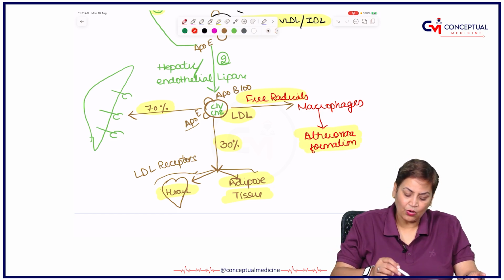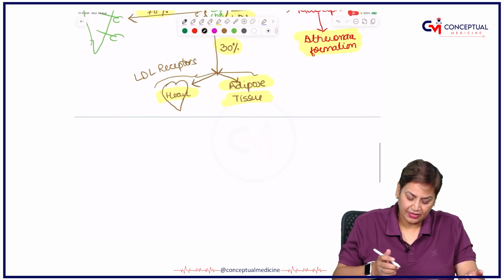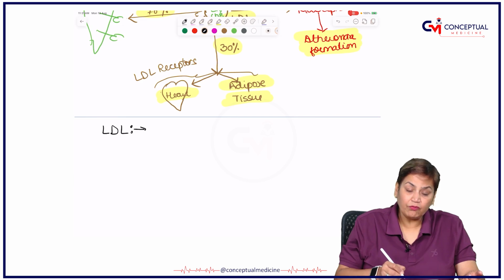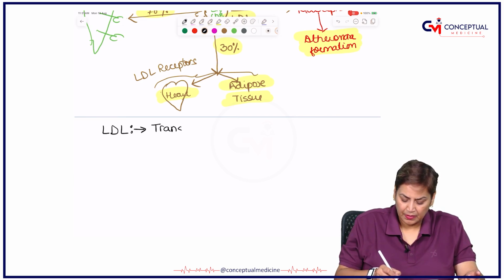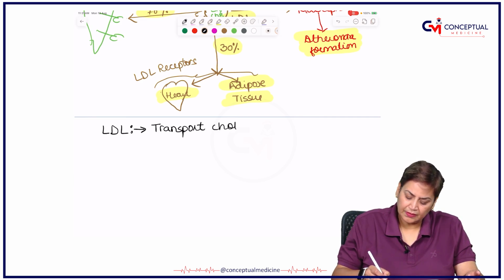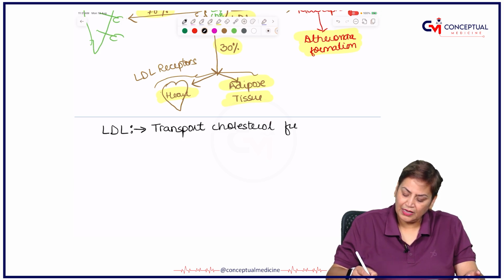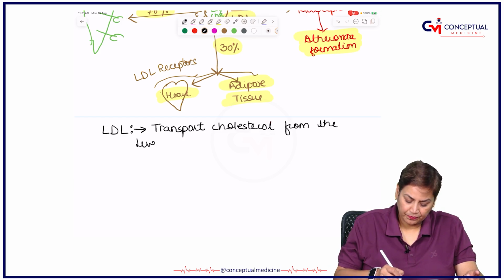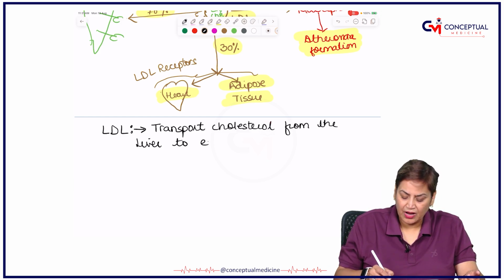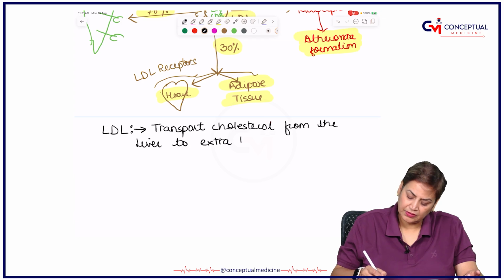And that is why we always say, a well-known fact we are all familiar with, that LDL is responsible for the transport of cholesterol from the liver to extrahepatic tissues.